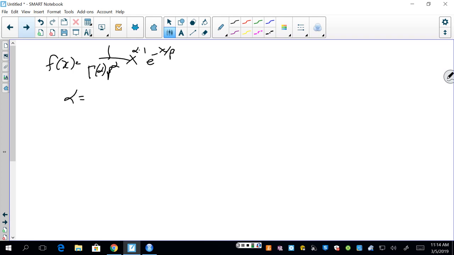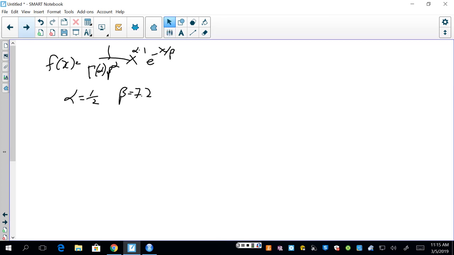And so if alpha is 1/2 and beta is 7.2, then to find the densities, you plug in those values for any value of x and see what it looks like. We can graph some of these densities as they're changing. So the alpha and beta change the shape, and then they change the likely values of x.